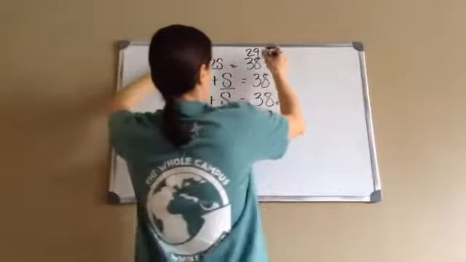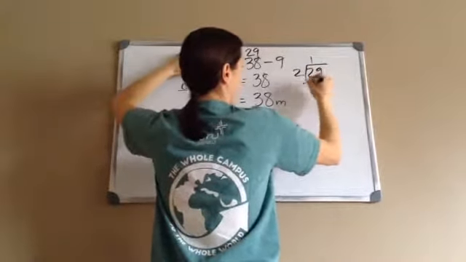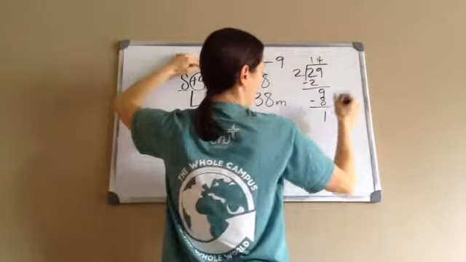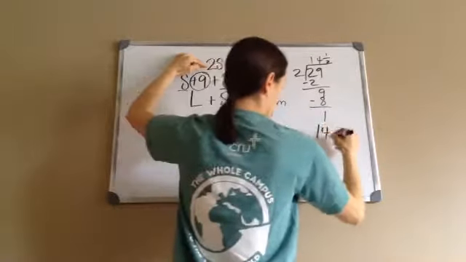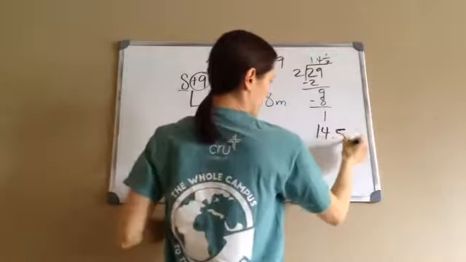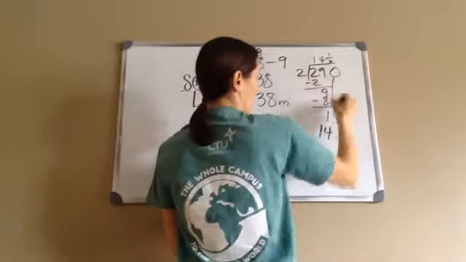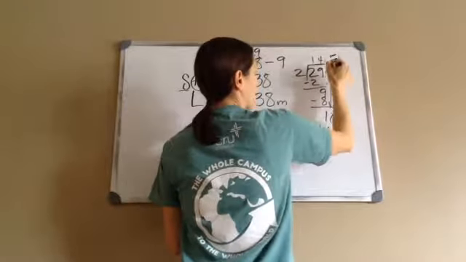Okay, so then 29 divided by 2 is what? 14 and a half, which they are saying is 14.5. Okay, so they made it into a decimal number, and you can do that by putting a 0, bringing it down, and then 2 goes into 10 5 times, and then bring your decimal up.